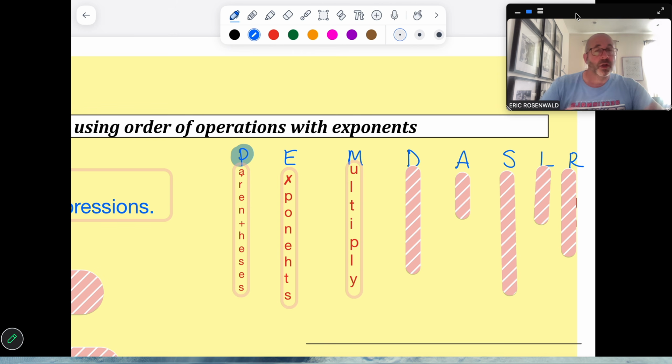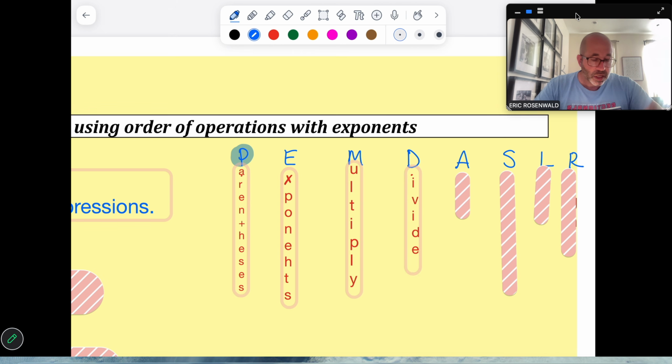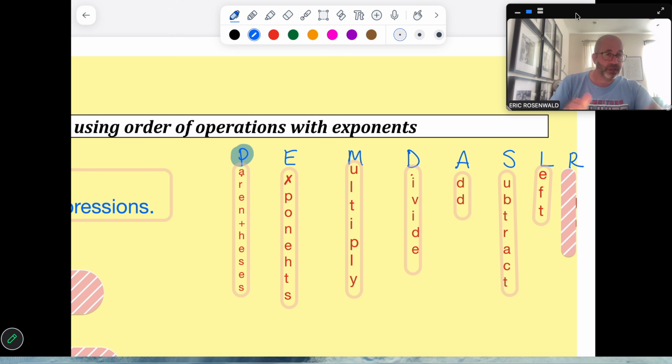After that, we're going to work on multiplication, and then we do division, addition, subtraction, and then I bet you can guess what the L and the R are. They actually stand for left and right. And so what this means is that as you're doing certain computations, we're going to go from left to right, and I'll explain when that is, okay?